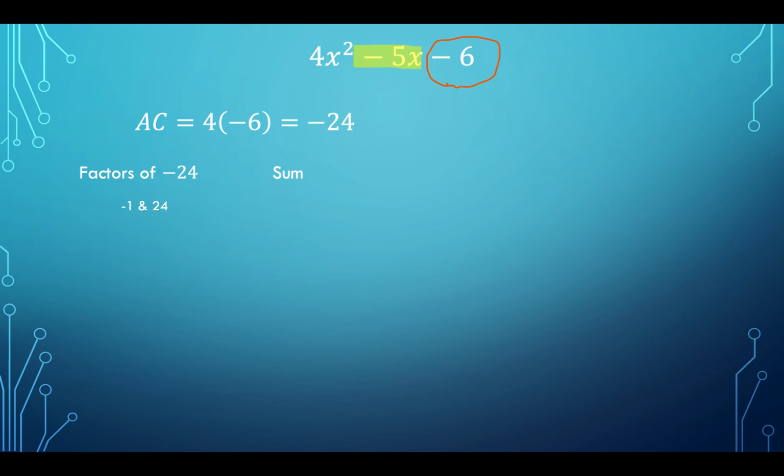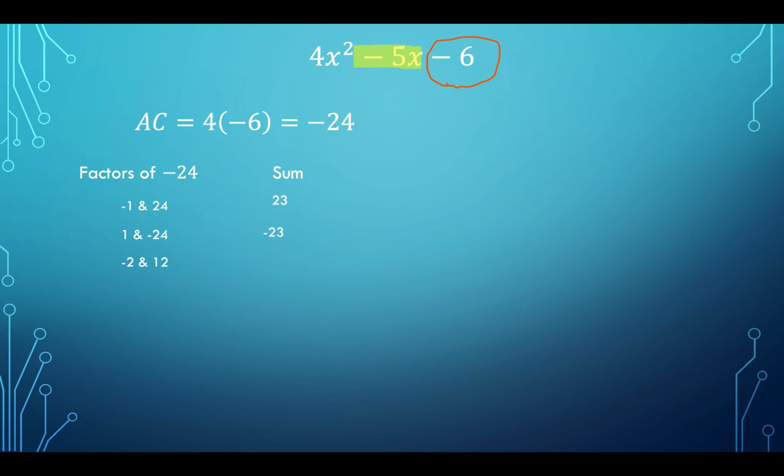So some factors, negative 1 and positive 24, add those two together, gives me 23. 1 and negative 24, add those two together, I get negative 23.